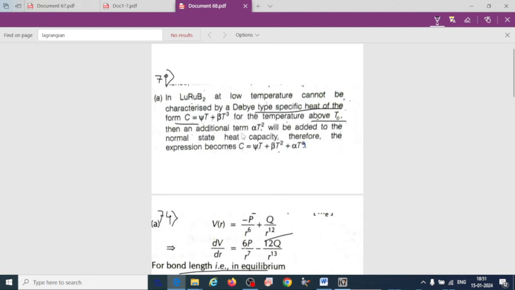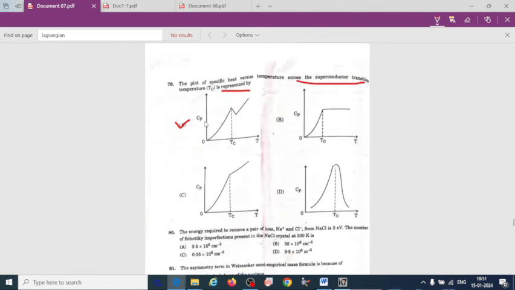Then an additional term, alpha T square, is going to be added to the normal state heat capacity. Therefore the expression will become including T square plus T cube, with coefficients psi, beta and alpha respectively. That's why the variation of specific heat versus temperature at the transition temperature will be like this. The curve is going to be like this.